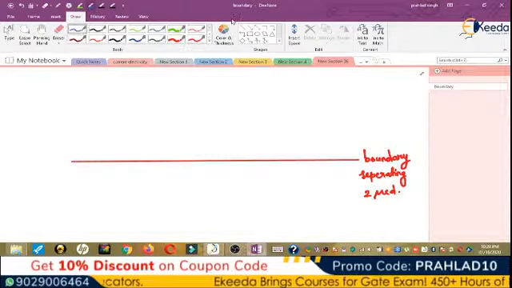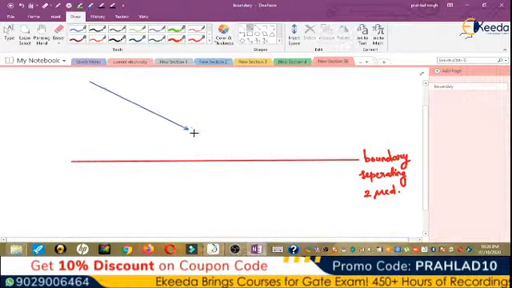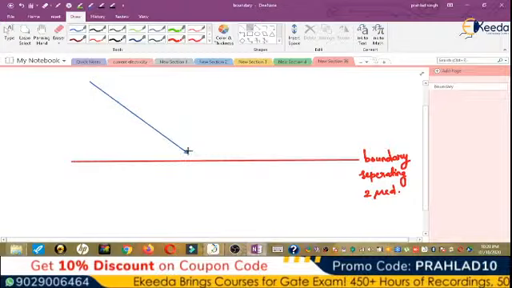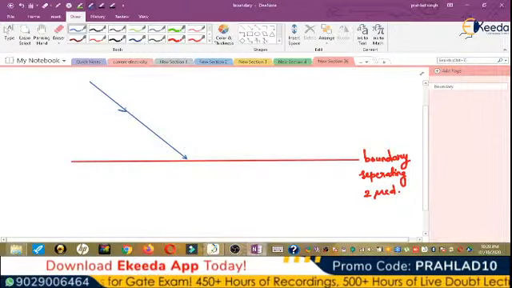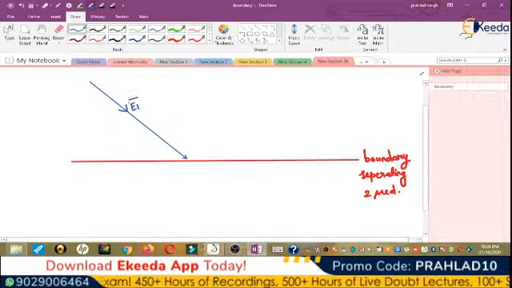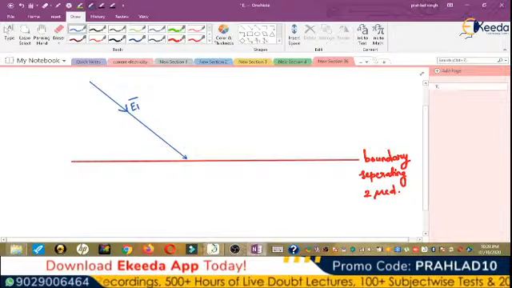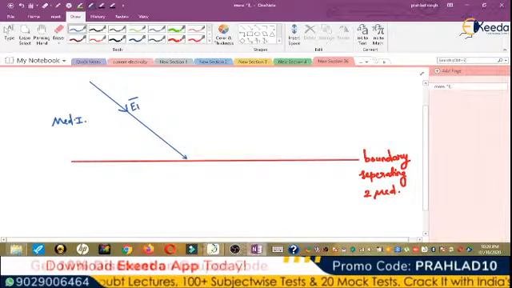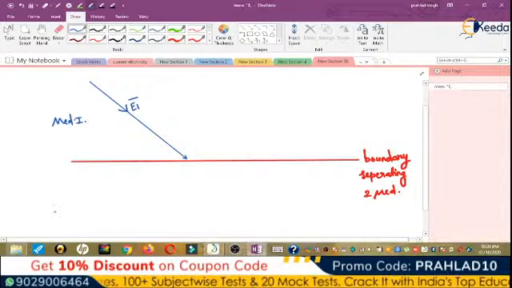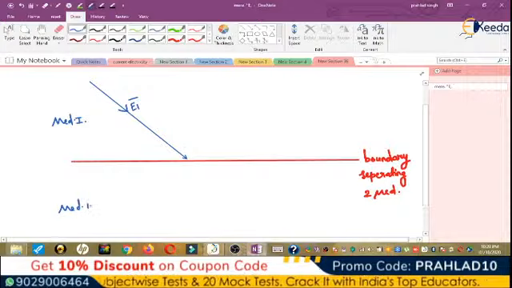Then there is an electric field. This is E1. Suppose this is medium 1 and this is medium 2.